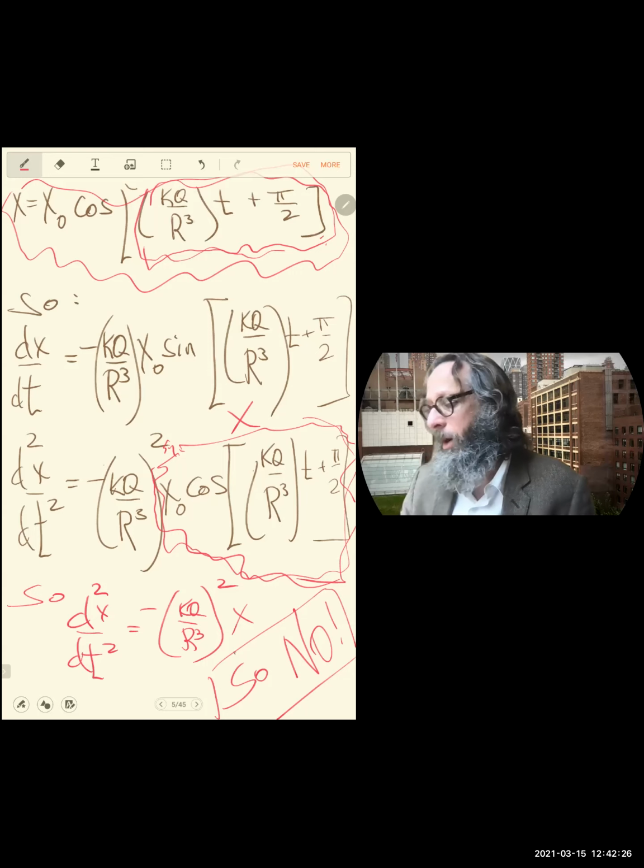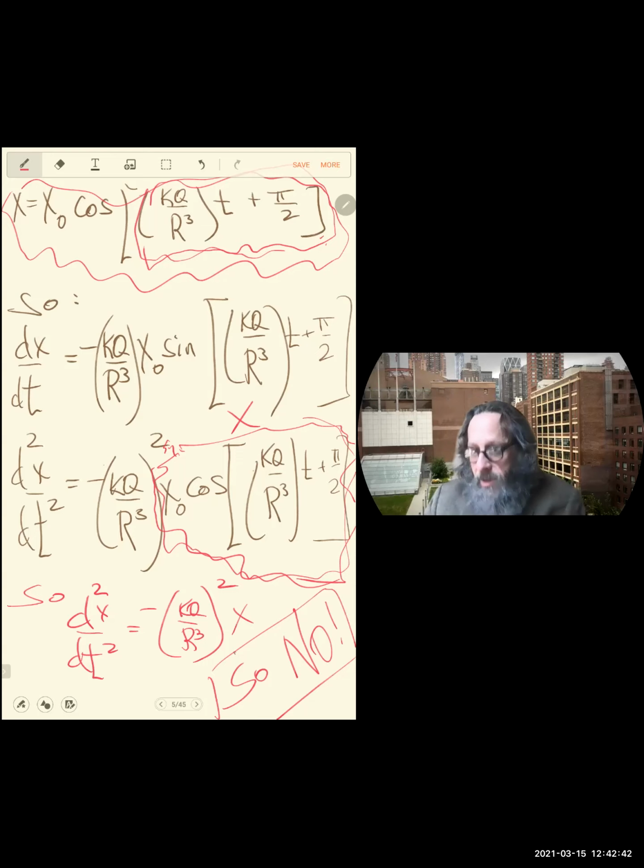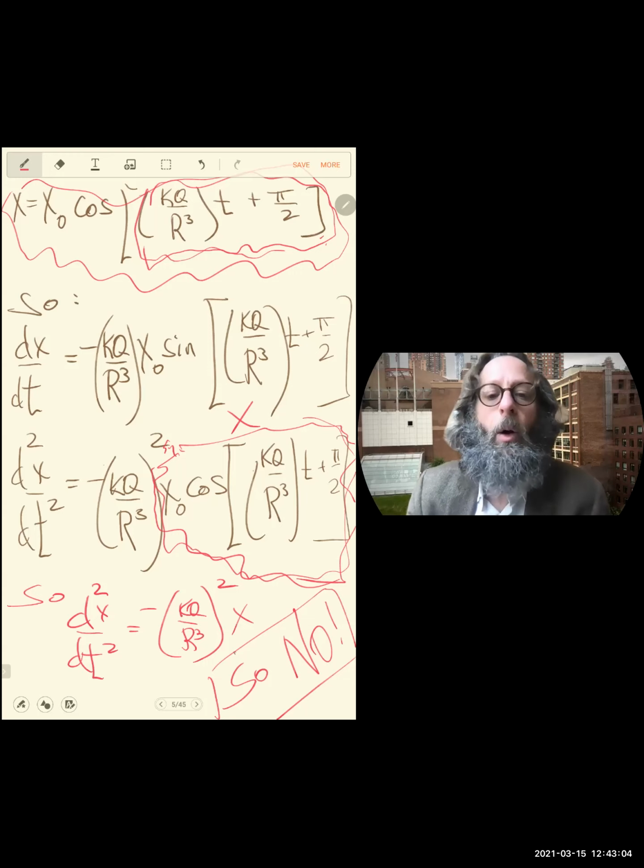Technically, it's the derivative of the constant t term plus the derivative of the pi over 2 term, so kq over r cubed plus 0. But plus 0 means plus 0, so what comes out is just kq over r cubed. Nothing happens to the pi over 2 when we differentiate because it's a constant. I don't know if I'm really answering that question or not, but okay.